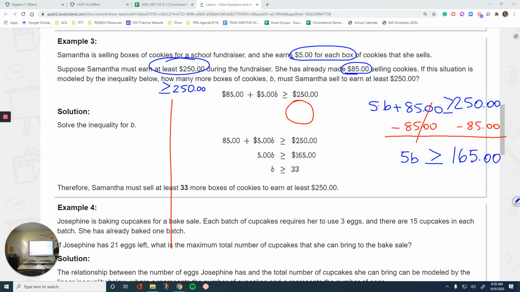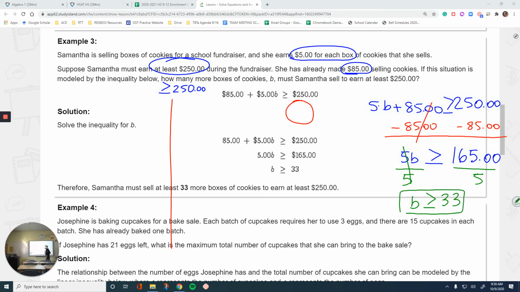To get the B by itself, it is multiplied by 5. Since it is multiplied, I need to divide, because these two operations are inverse operations. So B is going to be, B is greater than or equal to, when you divide this, it is 33.